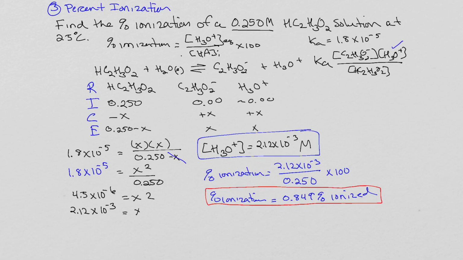So when we check our approximation in these weak acid problems, we are almost always calculating the percent ionization. Because you'll notice in all these problems we've done so far, the hydronium concentration is simply equal to x. So that's something to remember when you're working through these problems.